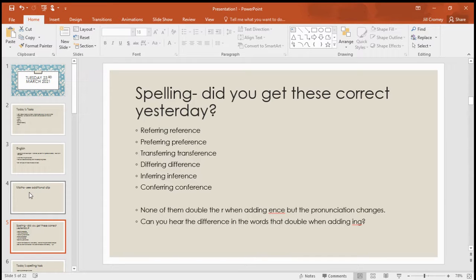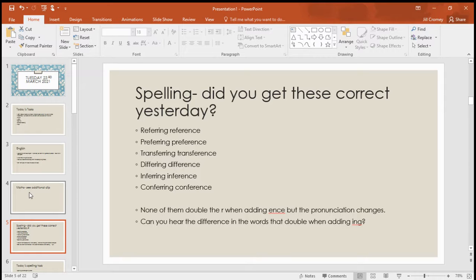So obviously, the ENC words change the pronunciation, but in terms of you referring, think about what you can hear there. Referring, we double the R. Preferring, we double the R. Transferring, we double the R. Differing, do we double the R?